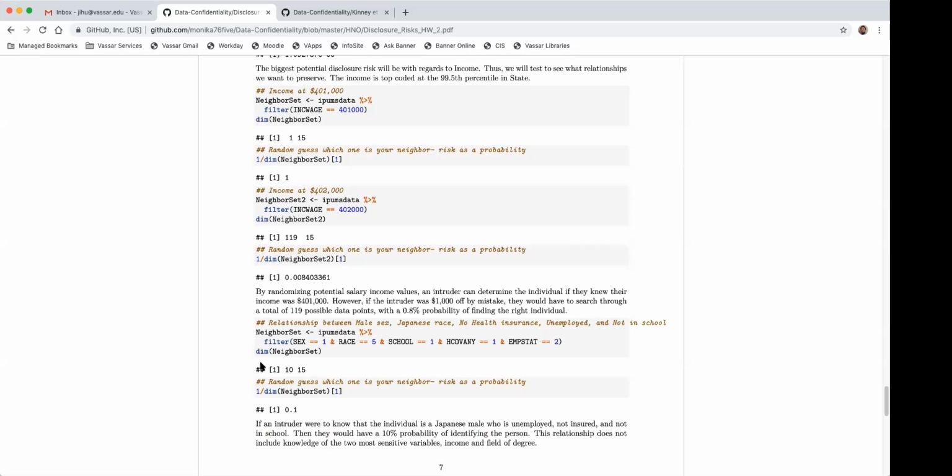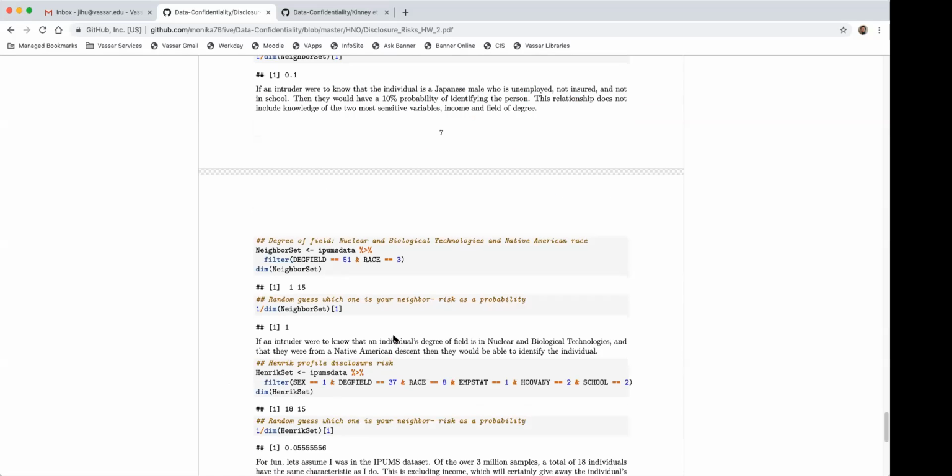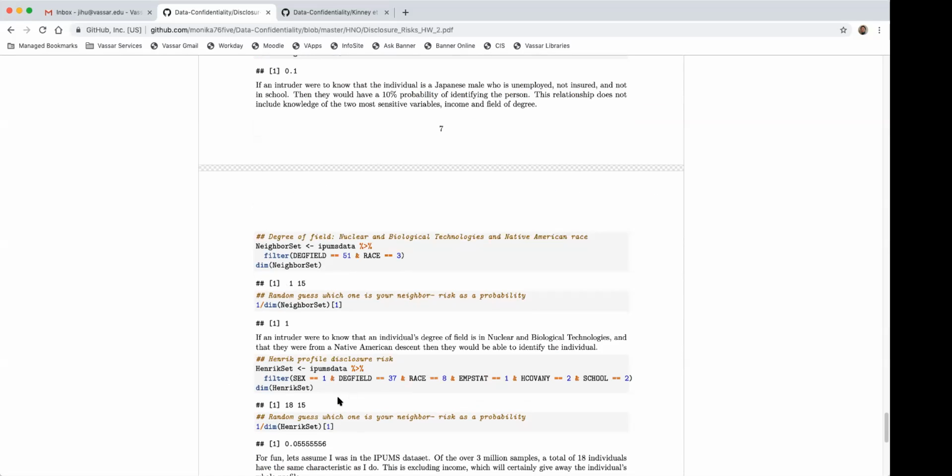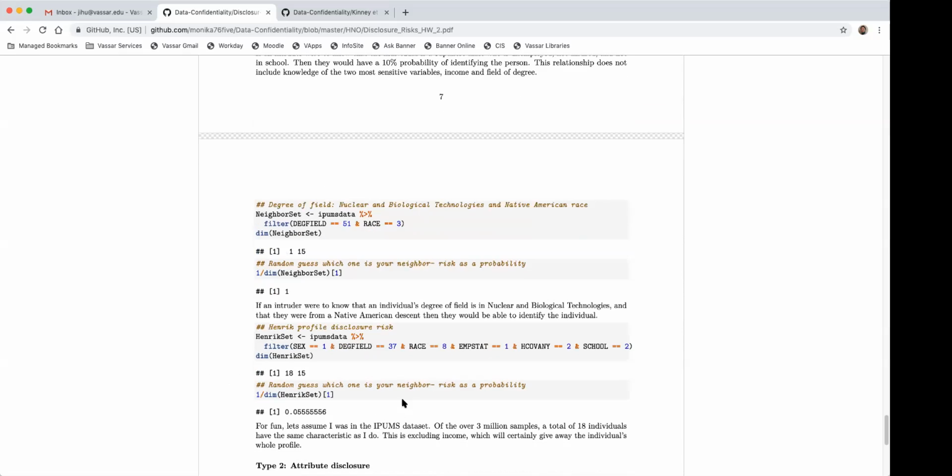For this assignment, I experimented with looking at different variables and how the relationships change between what we want to look for. At the very bottom, for fun, I put in my own characteristics. Let's say I was in the data set, what would the probability be of someone trying to find me?